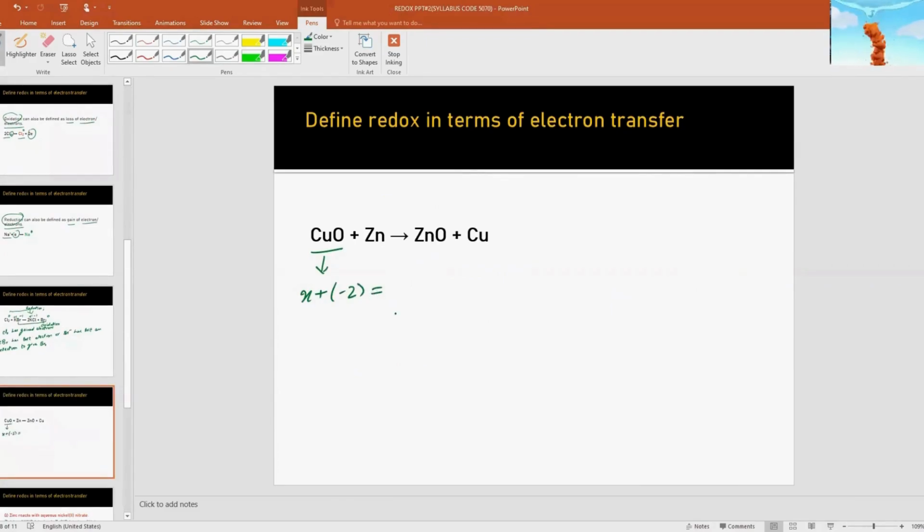The whole compound does not carry any charge, so I will write 0 here. X - 2 is equal to 0. X - 2 + 2 = 0 + 2. So the charge on Cu is +2.